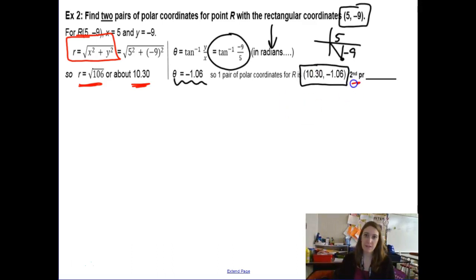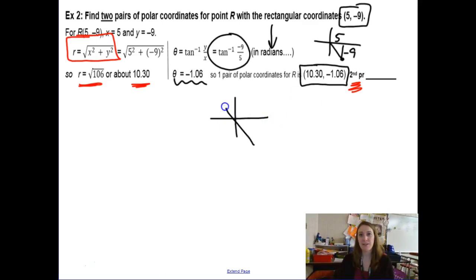However, it does say a second polar. Can we jot that down for a second? Negative 1.06 radians would be... Here's the idea, guys.